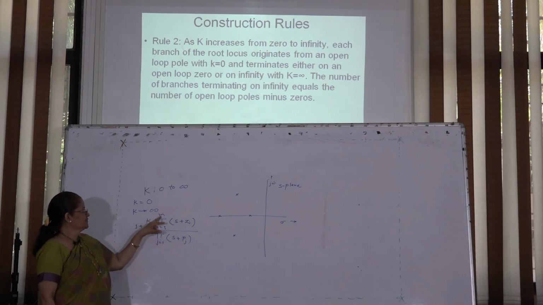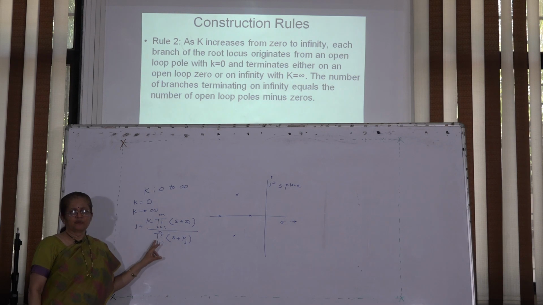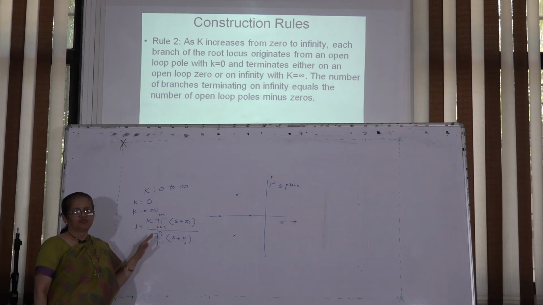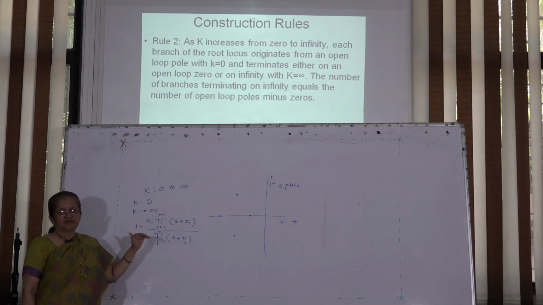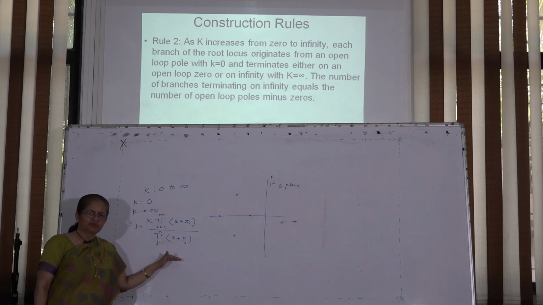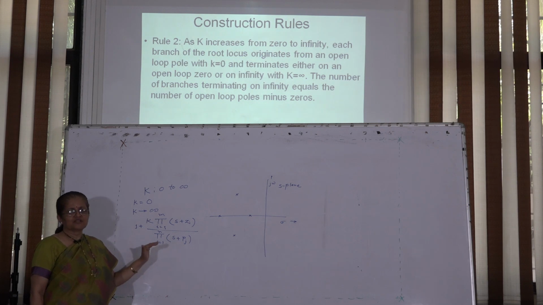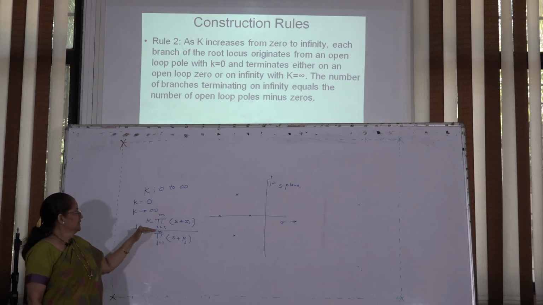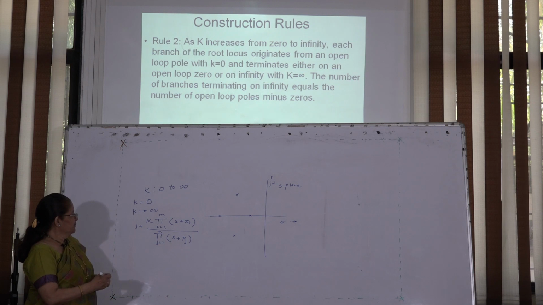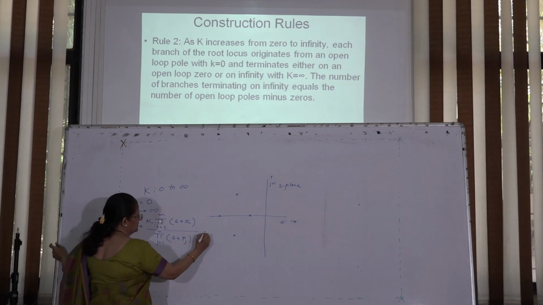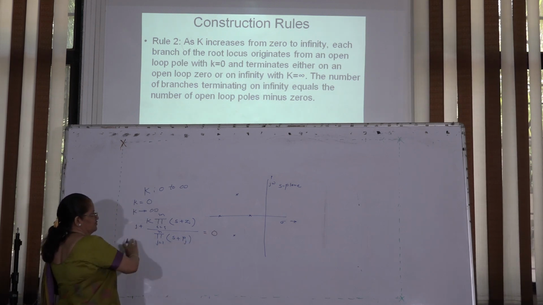So, the number of zeros is m and the number of poles is n. For a realizable system, we know very well that m should be less than n, at most equal to n. This is 1 plus G(s)H(s) equal to 0.